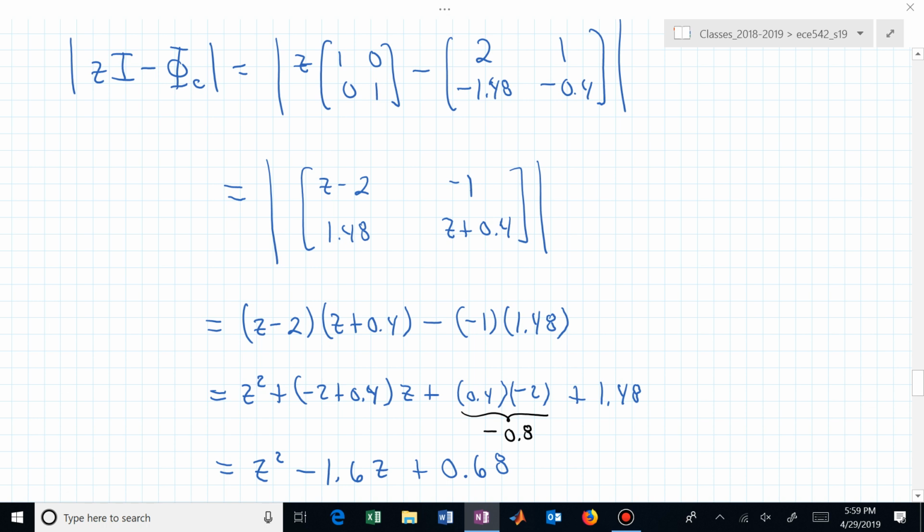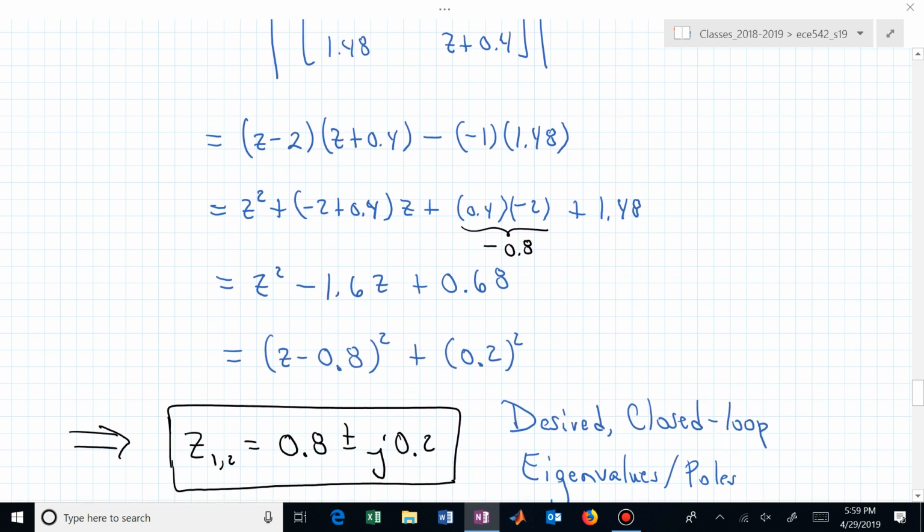And in MATLAB you could just say eig of phi sub c, and it should now give you closed loop poles at 0.8 plus and minus j 0.2. Or if you now factored that z squared minus 1.6z plus 0.68 into a z minus a quantity squared plus something else squared, that's the structure that was talked about earlier and I don't have to do anything more.